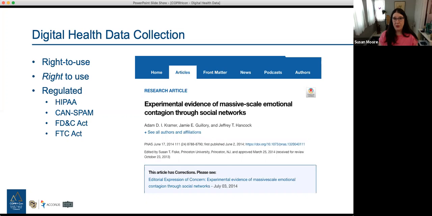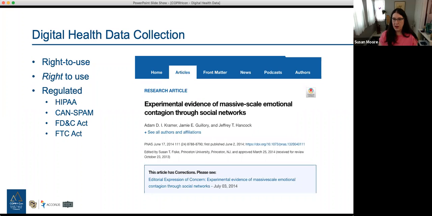And then finally, as you're thinking about the considerations here, you also need to think about the regulatory aspects. So there are a number of regulatory acts and rules that govern digital health data transmission. HIPAA, I think everyone is fairly familiar with. The CAN-SPAM Act governs text messages sent to phones as well as robocalls, and can prohibit certain types of information being sent and collected.